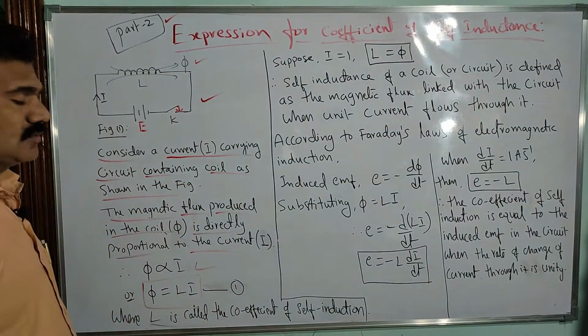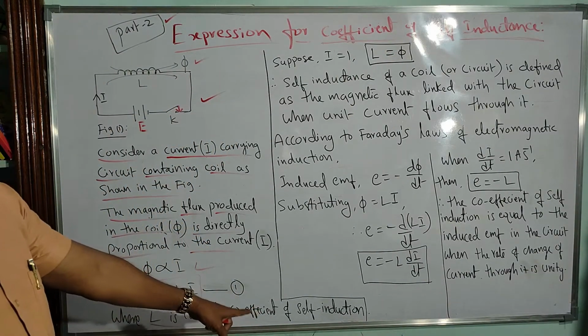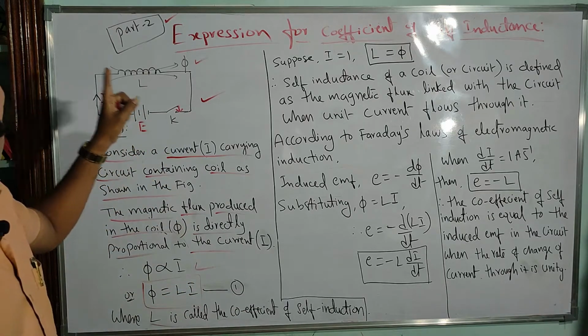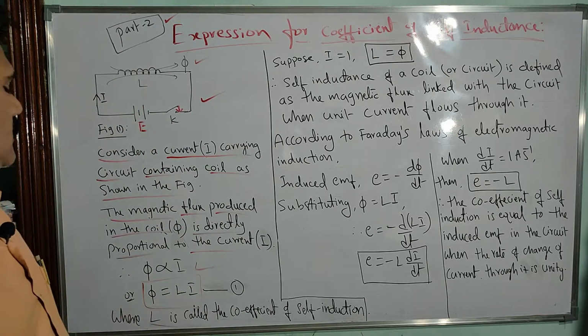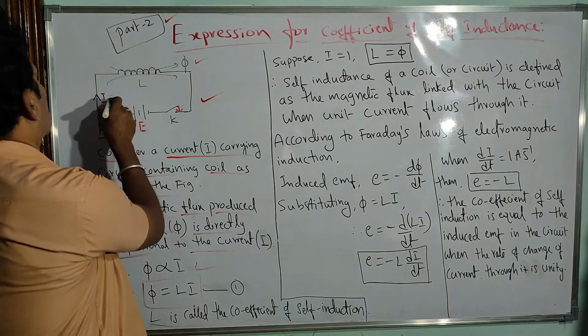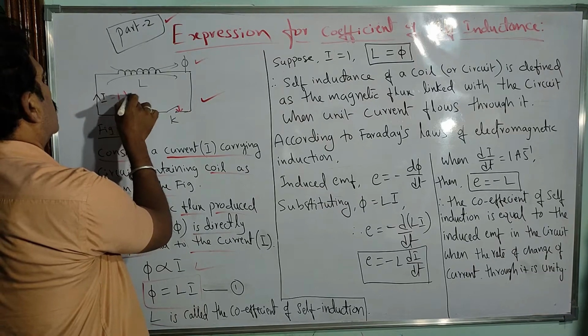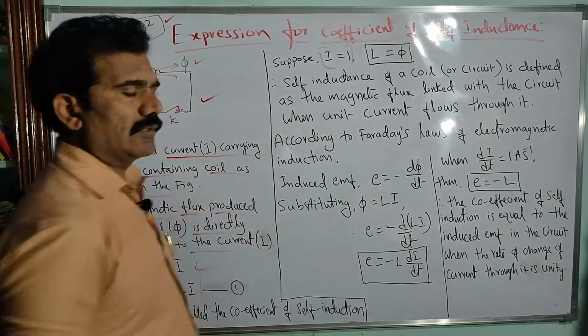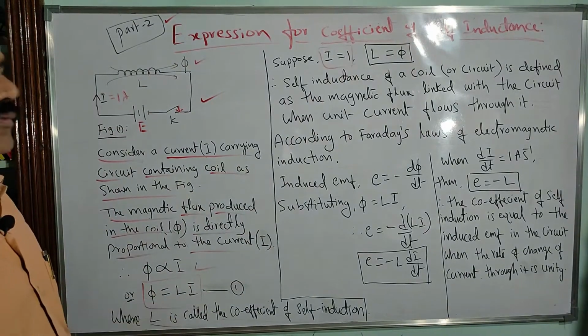You can call it the coefficient of self inductance of the circuit, or of the coil. Now in this simple expression 1, if I consider unit current, let us say I is equal to 1 ampere, then you get just L is equal to phi.